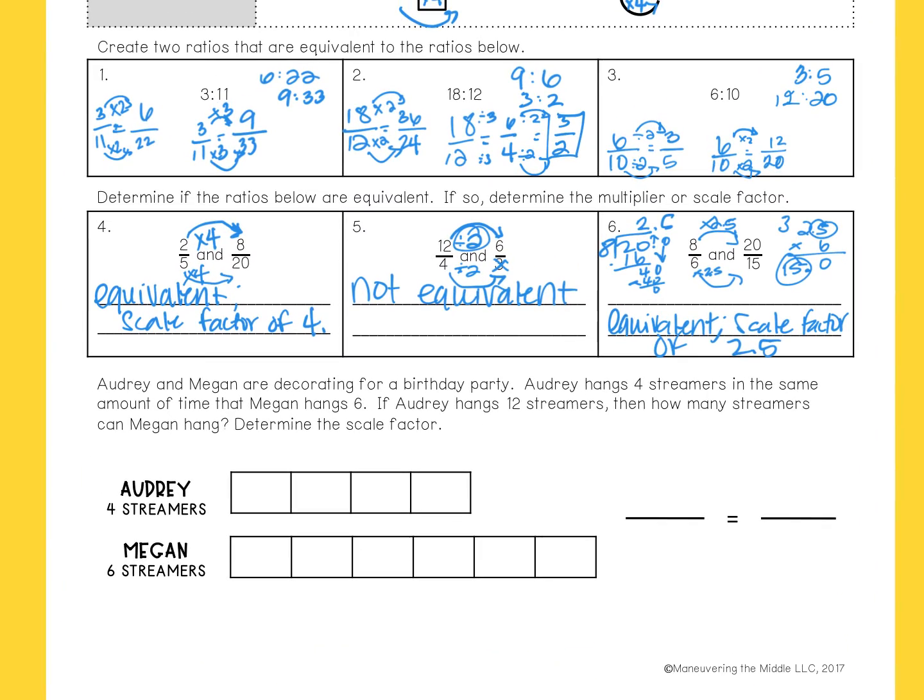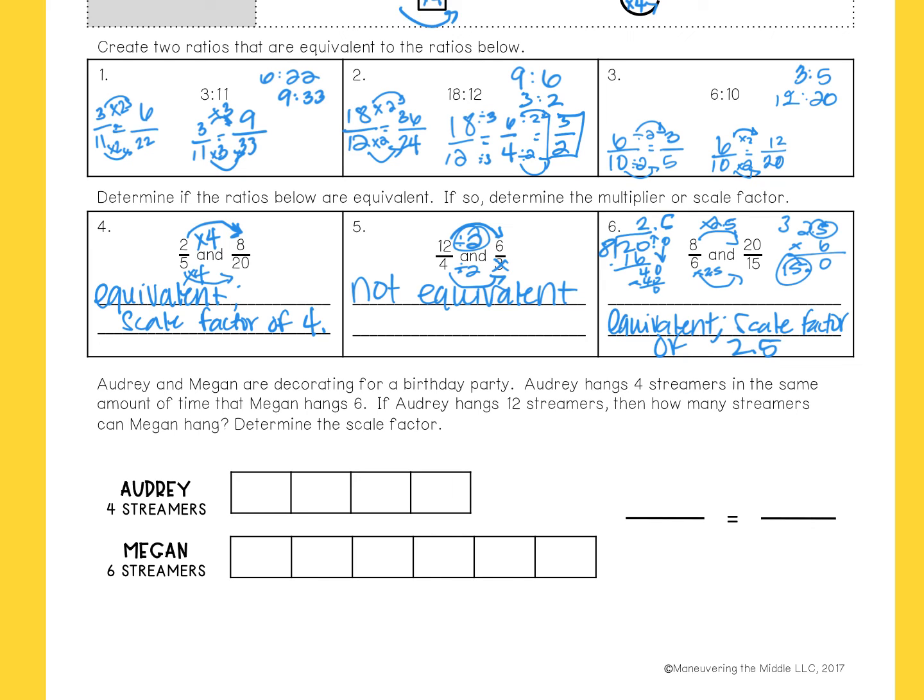And now I want to look at this last problem. This last problem says that Audrey and Megan are decorating for a birthday party. Audrey hangs 4 streamers in the same amount of time that Megan hangs 6. If Audrey hangs 12 streamers, then how many streamers can Megan hang? Determine the scale factor.